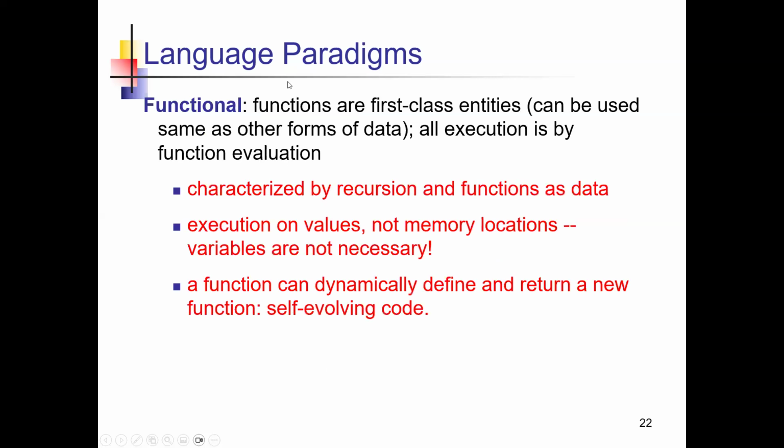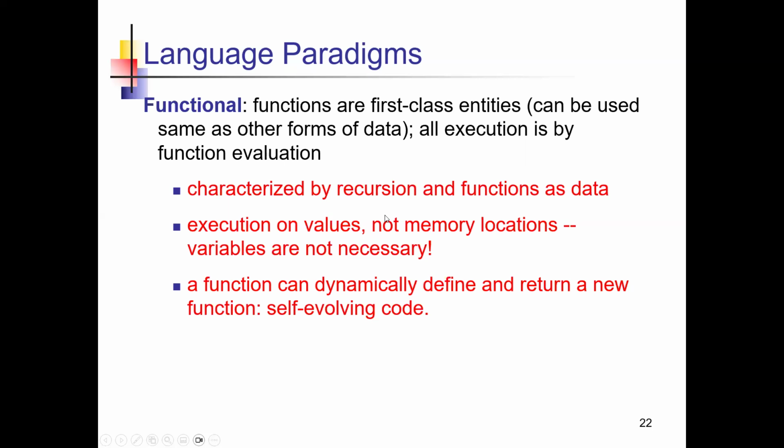So for functional language, normally the keyword is here. It considers functions as first-class entities. Actually, in functional language, we can have a function as an argument or a nested function, and it can also be used the same as other forms of data. All execution is by function evaluation.